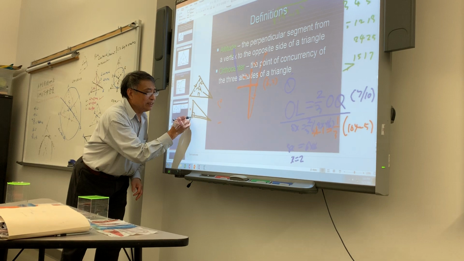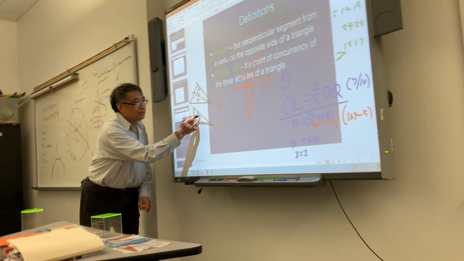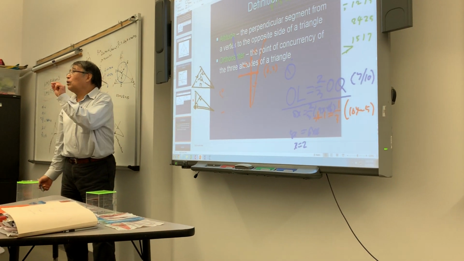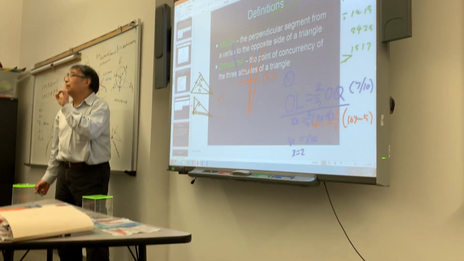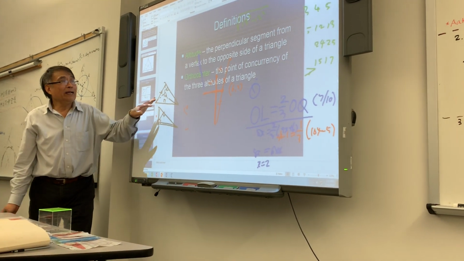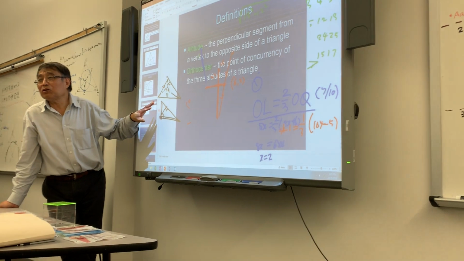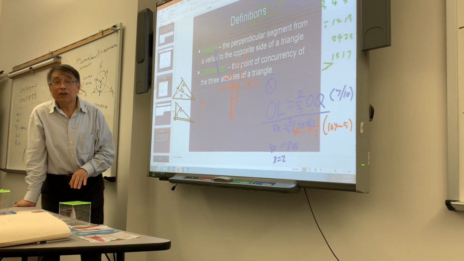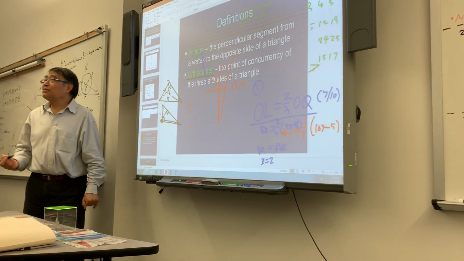This is a height. For this point, 2 heights is enough. The 3rd height, yes. The corner of the right angle, the vertex, that point is the intersect point of the 3 heights. We call the intersect of 3 heights the orthocenter. Ortho center.